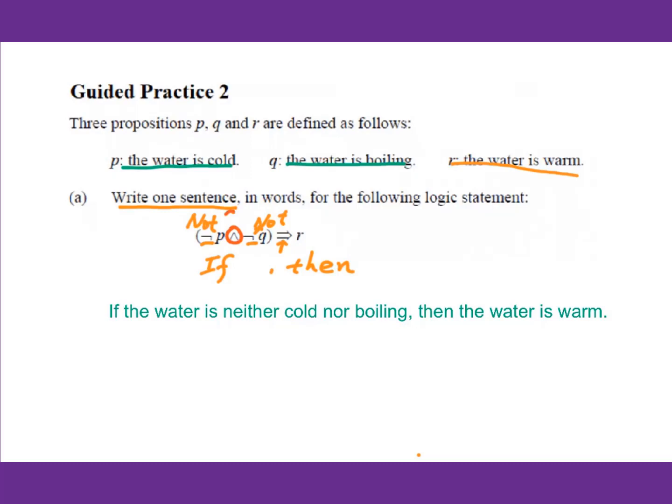This means and. Therefore, here's the sentence: if the water is neither cold nor boiling, then the water is warm. Here are the keywords: if, then, neither, nor.